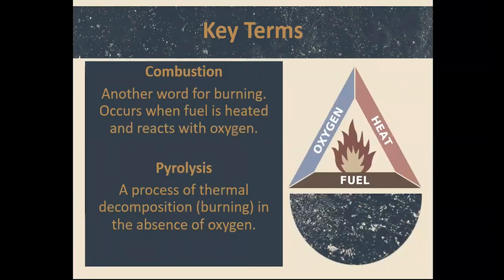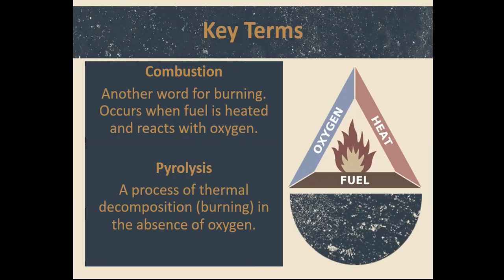Okay, so when we talk about making biochar, what we're really talking about is essentially making charcoal. And I think most people in most places are familiar with how to make charcoal. And basically, that process just differs a little bit from a typical fire, which would be the combustion process.